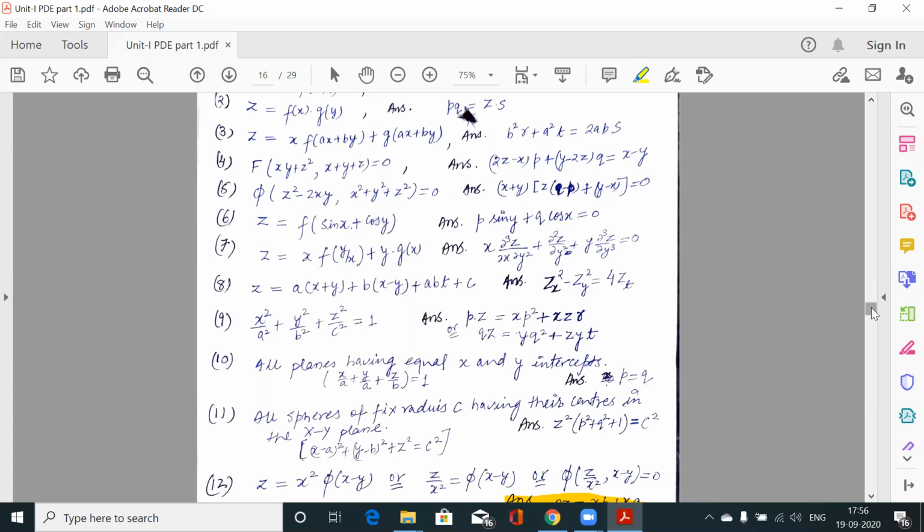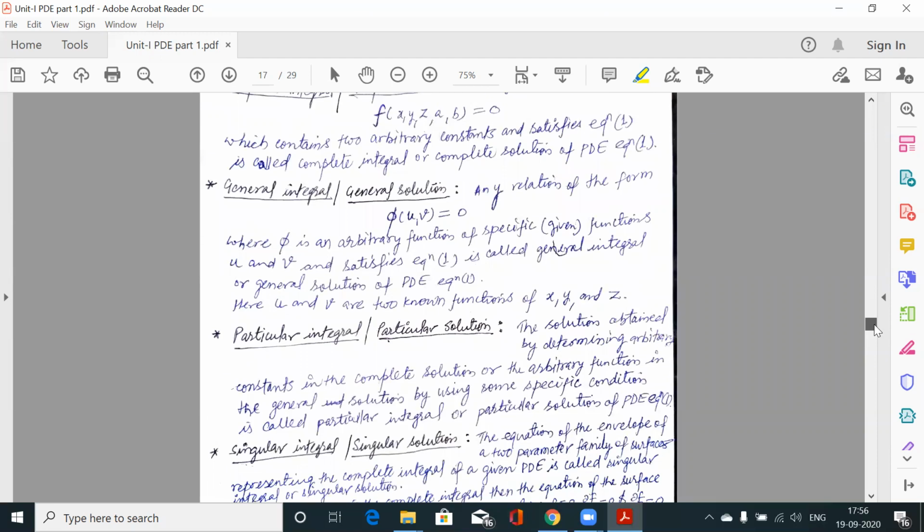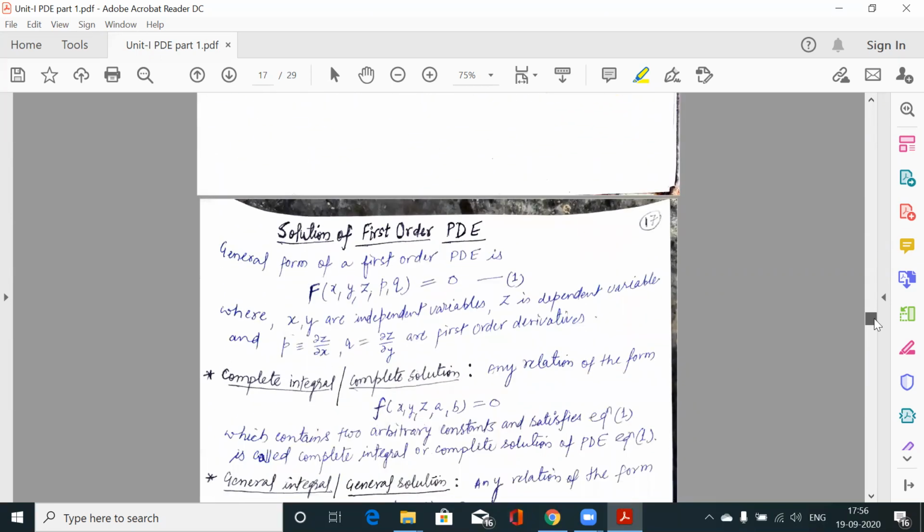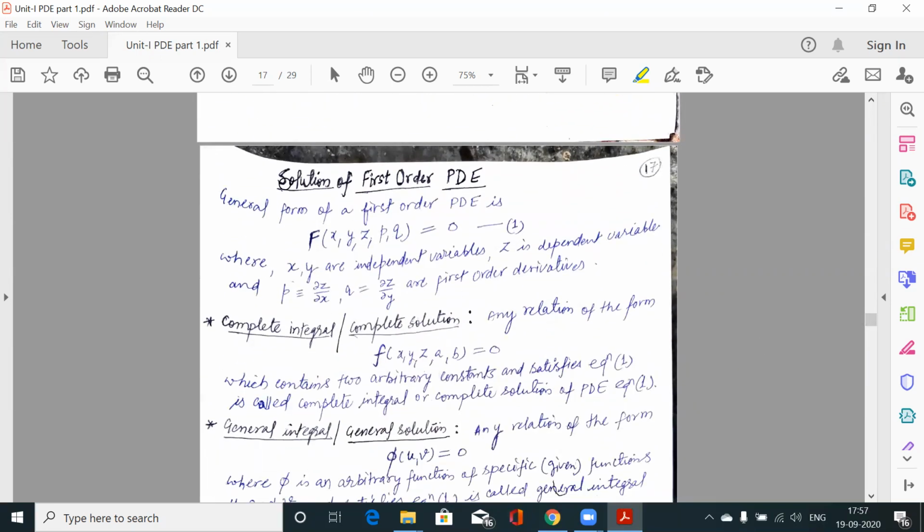Next, in the coming lectures, we'll move to the next topic, which is the solution of first order PDE. Now we know how to formulate the PDEs, how to make the partial differential equation. Next, how to solve these PDEs.